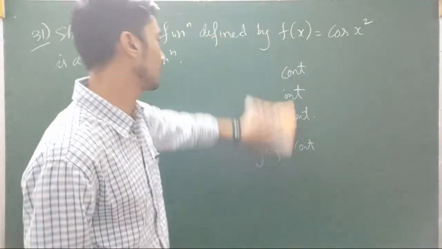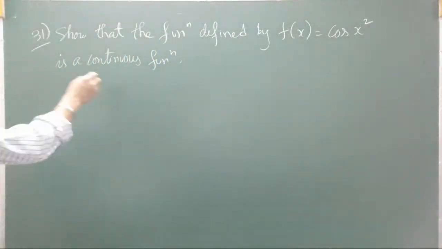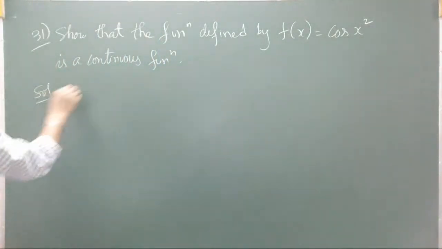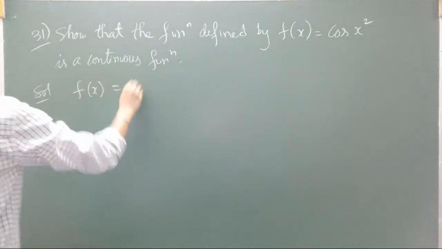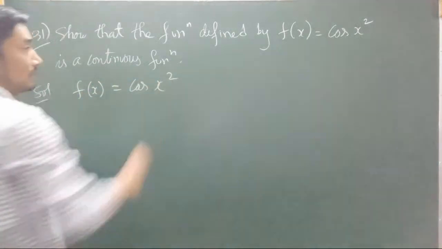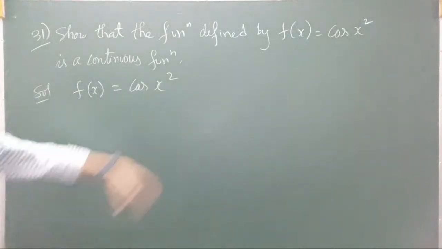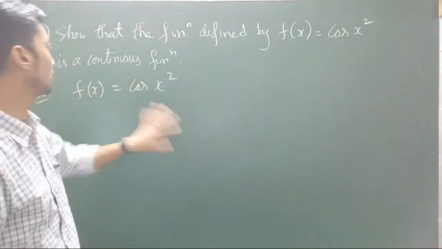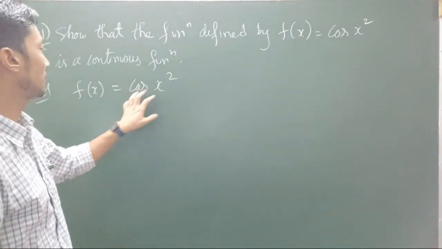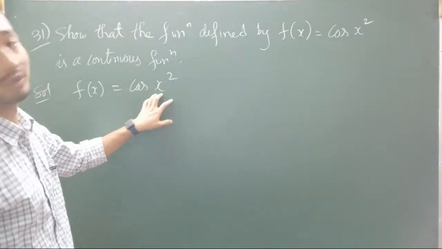Alright, so let's finally go back to the question here. As you can see, the solution is very simple. f of x is cos of x squared. This is not simply a trigonometric function. We have two functions here, a trigonometric function and an algebraic, or polynomial, function.